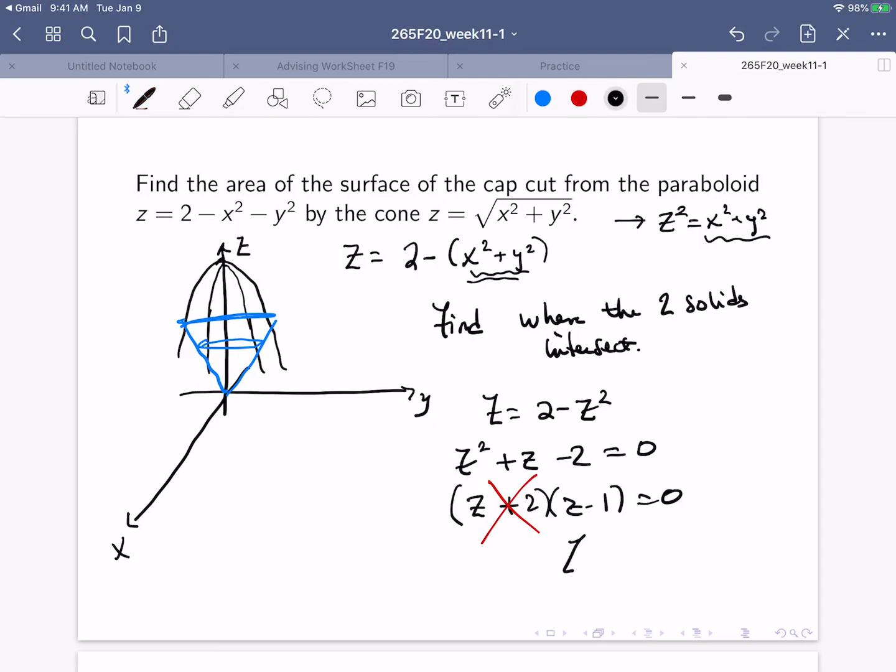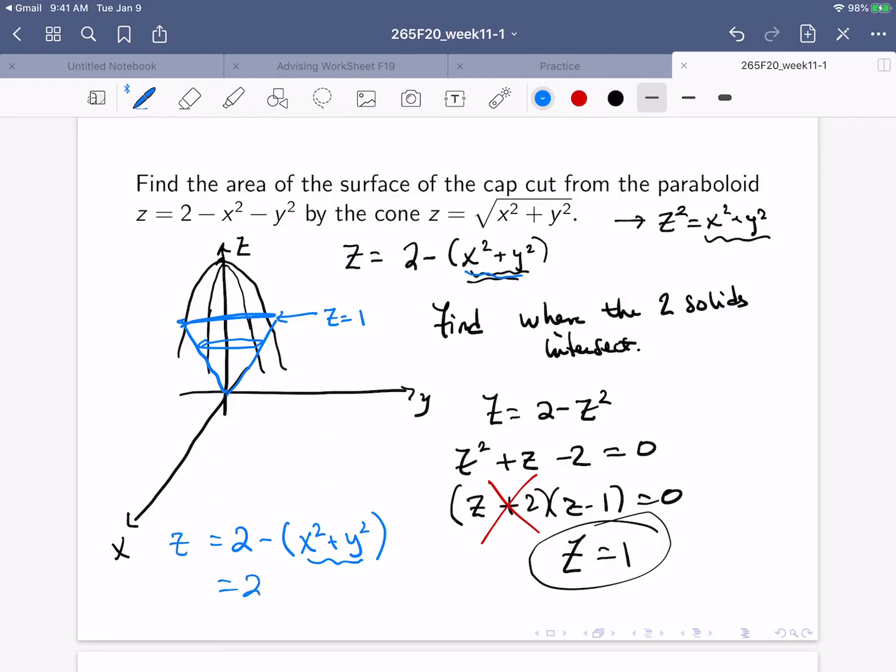So the intersection occurs when z is equal to 1. Okay, and that makes sense because if z is equal to 1, then z squared is 1, and x squared plus y squared is 1.